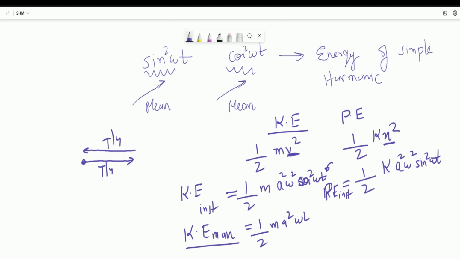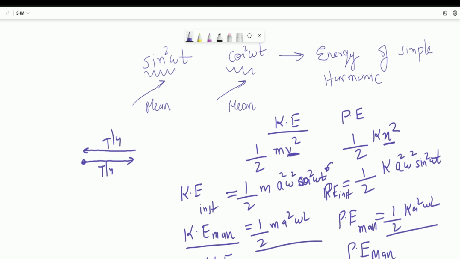So this is the maximum kinetic energy for a simple harmonic motion, and the maximum potential energy of a simple harmonic motion is also the same, half k a square omega square. Mind you, you must understand what the KE max expression is. You must know this, and you should also know the PE max expression. Both are identical, but it will help you if you memorize this.